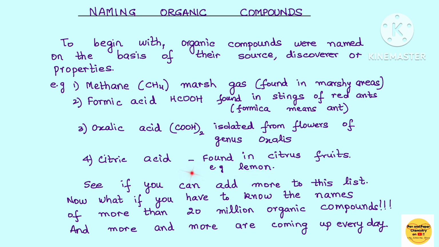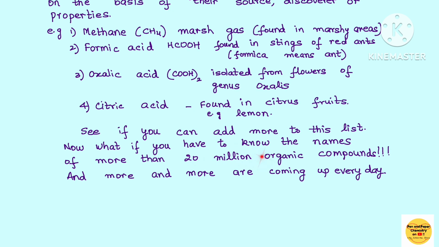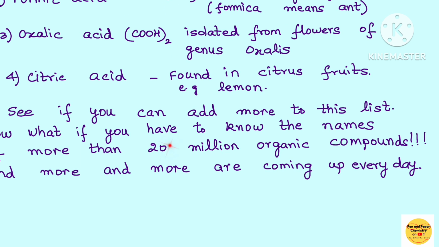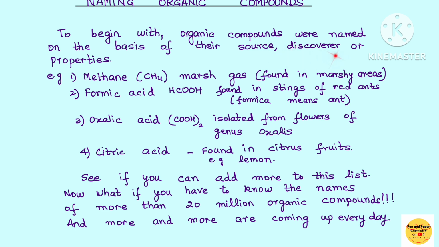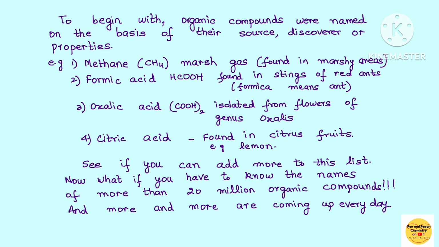Now imagine if you have to remember the names of around 20 million organic compounds like this, based on random things, either the source, the property, the behavior, etc. Would you be able to do that?